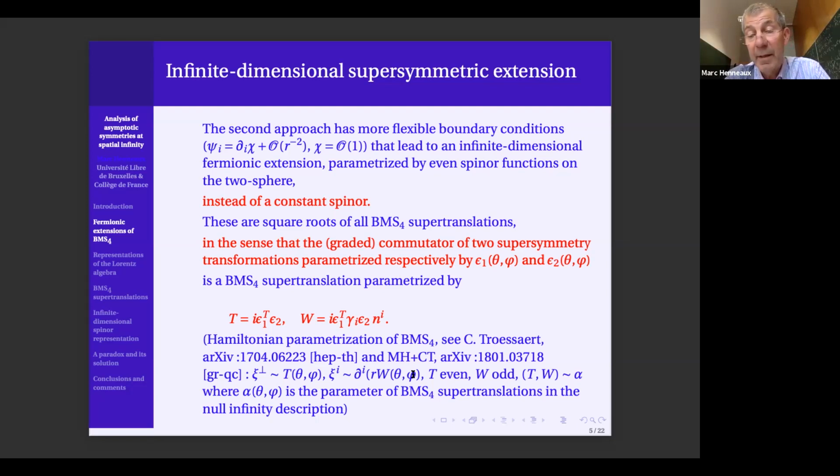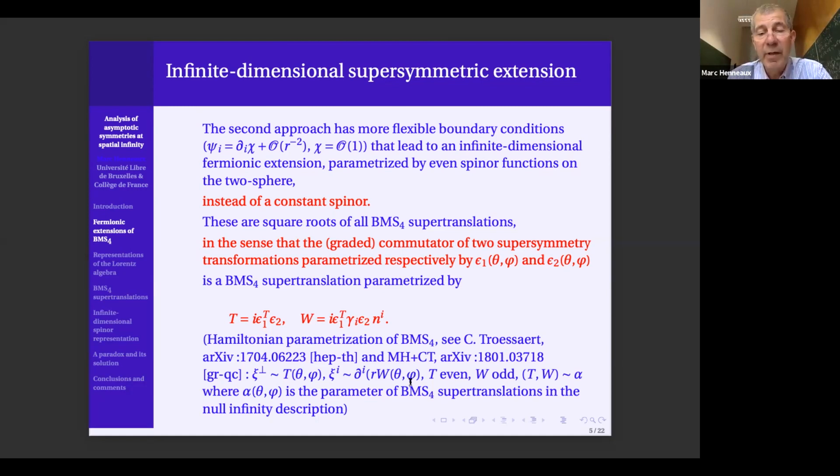And they are related to the alpha function, which appears in the description of BMS4 supertranslations at null infinity. Not just that the even part of alpha is T and the odd part of alpha is W. It's a bit more complicated, but essentially this is the idea.